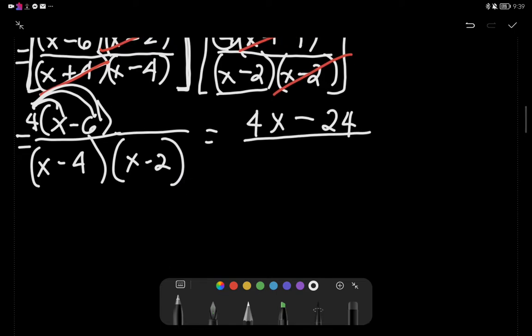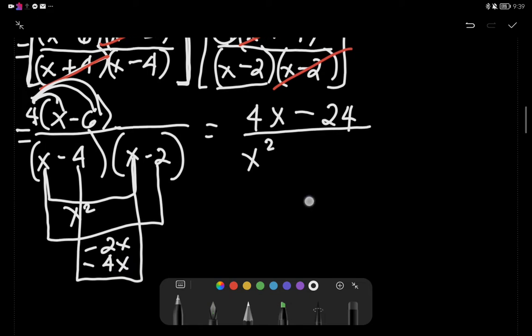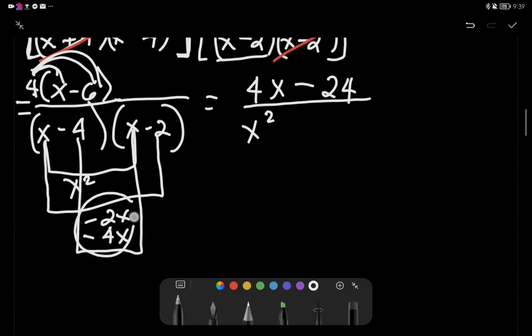Okay. Now, we have here the denominator. Let's use FOIL method. x times x, this is x squared. So, we write x squared here. Outer na x times negative 2, that is negative 2x. The inner, negative 4 times x, that is negative 4x. So, parihas og sign si outer and inner. I-add 2 plus 4, that is 6x.